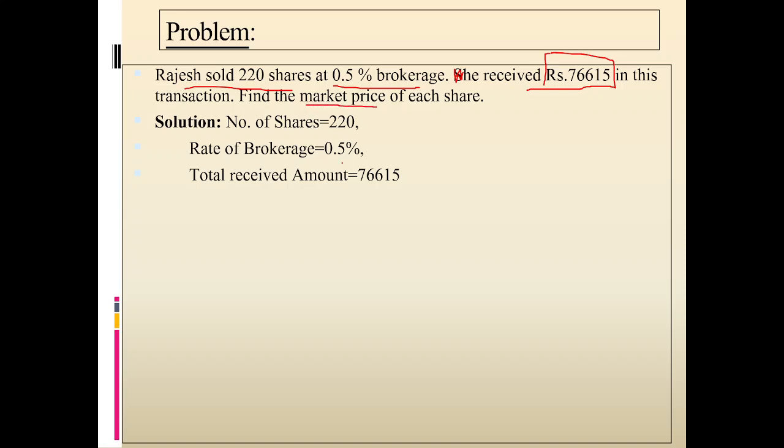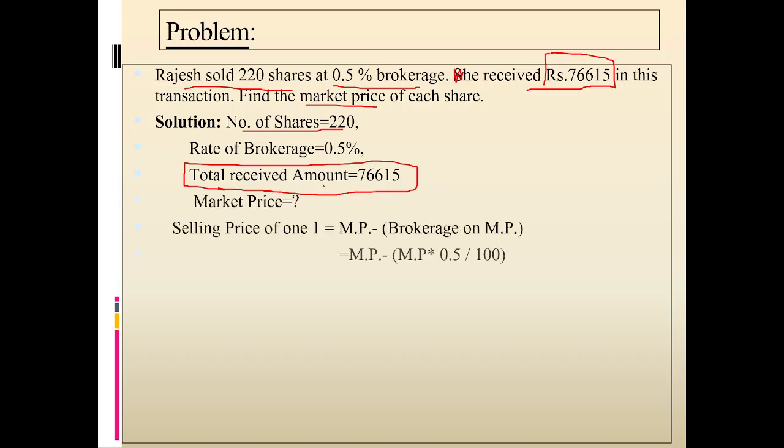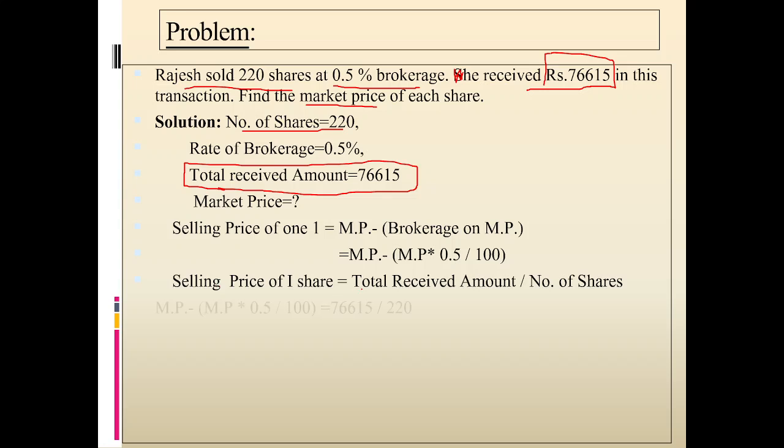As the rate of brokerage is given, from the number of shares and the amount received, we can find the selling price of one share. Amount received divided by number of shares gives the selling price of one share, and also selling price of one share is equal to market price minus brokerage. Using this formula, we get an equation; suppose this is equation number 1.